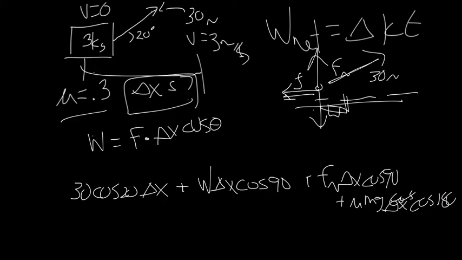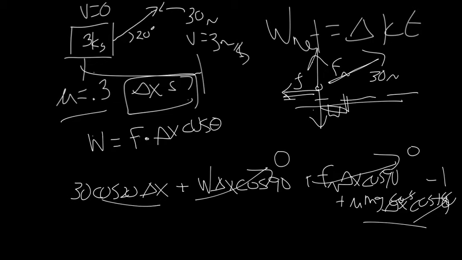Okay, so when we work this out, the weight term becomes 0, and the normal force term becomes 0 because cosine of 90 is 0. And the cosine of 180 turns into negative 1. And so when we simplify all this, we get that the total work is equal to this piece minus that piece.